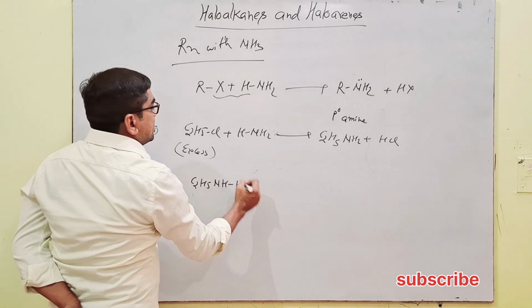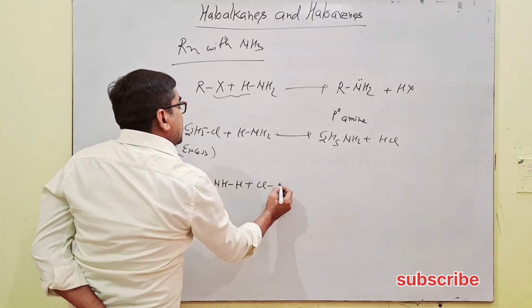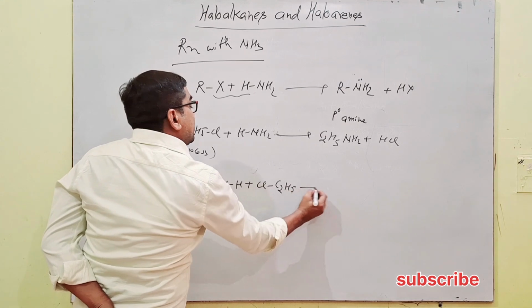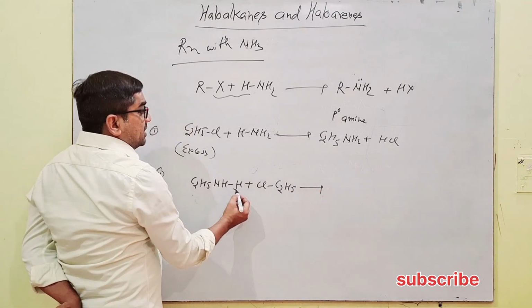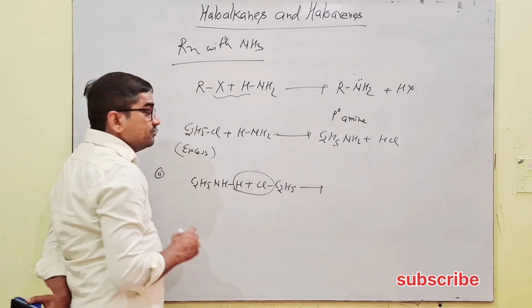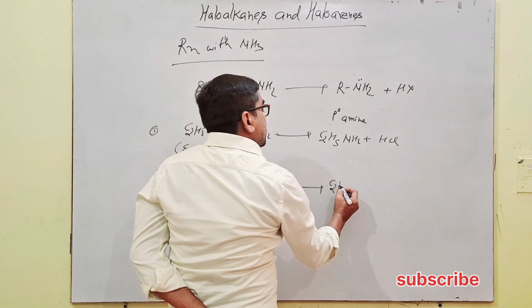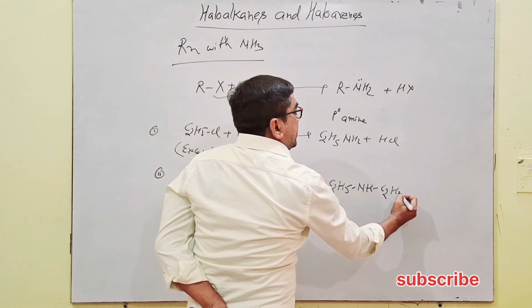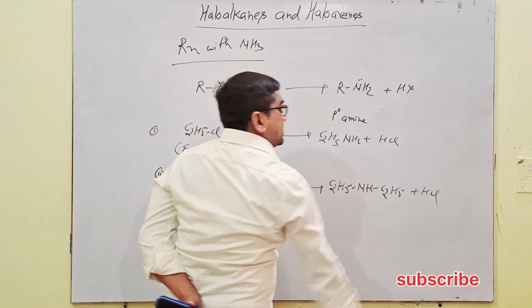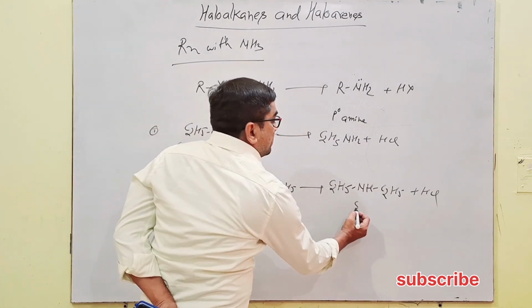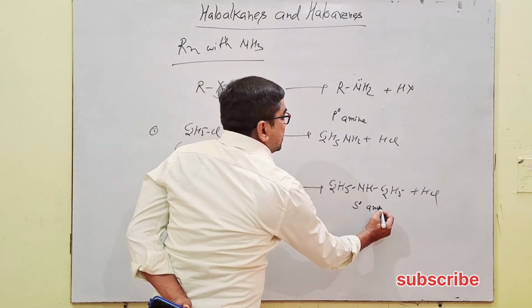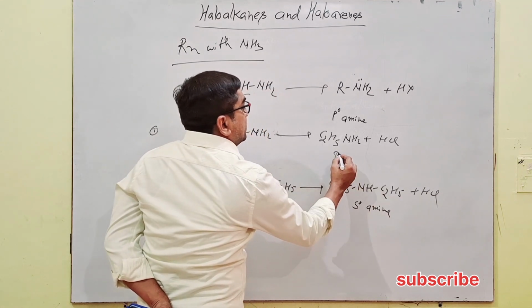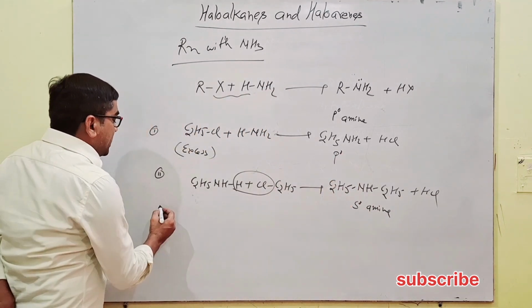Due to excess alkyl halide, it reacts again with C2H5Cl with elimination of HCl, giving (C2H5)2NH. This is the secondary amine.